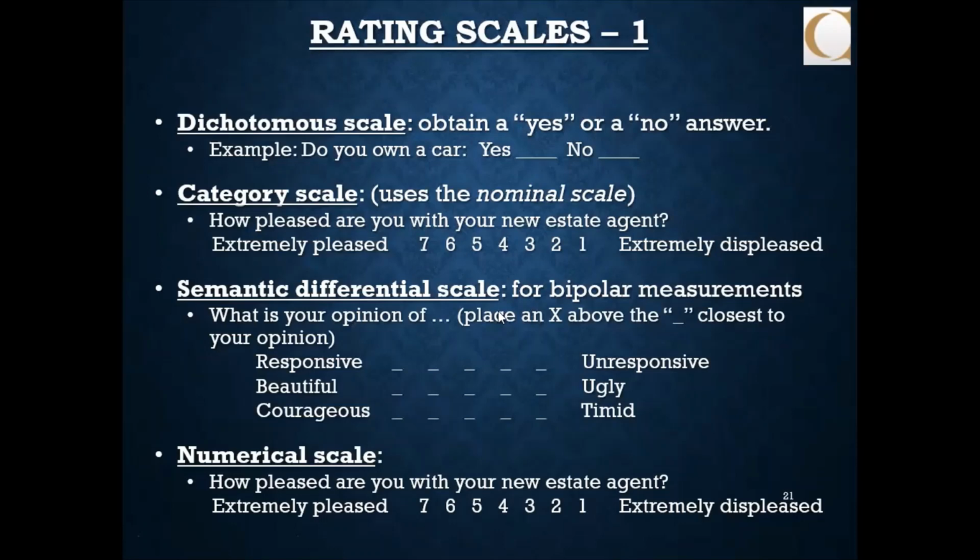So you could rank it from most to least: most responsive, least responsive, most beautiful, least beautiful, most courageous, least courageous. The numerical scale: how pleased are you with your new real estate agent? Extremely pleased, extremely displeased. So the numerical scale is pretty much the same as the category scale in this case.